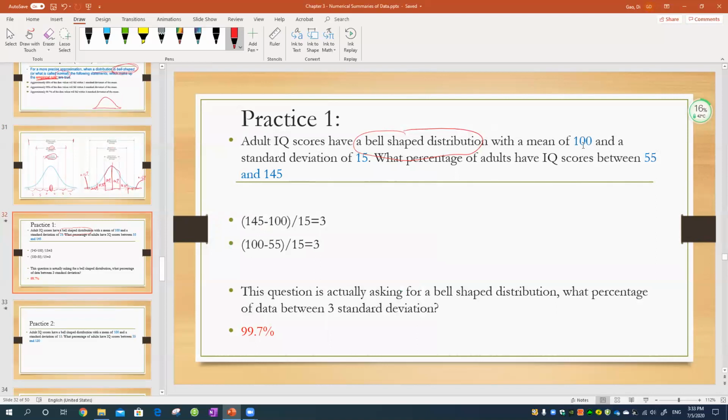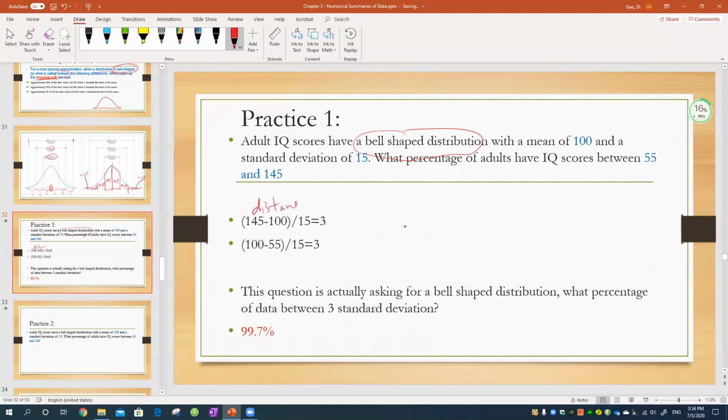So we know the mean already, we know the standard deviation already, and we know the limits 55 and 145. So we can calculate 145 compared with the mean. The distance is how many standard deviations? So 145 minus 100, that's the distance.